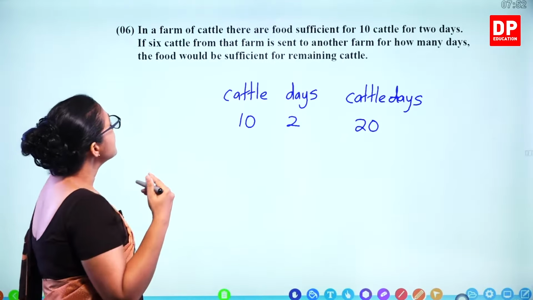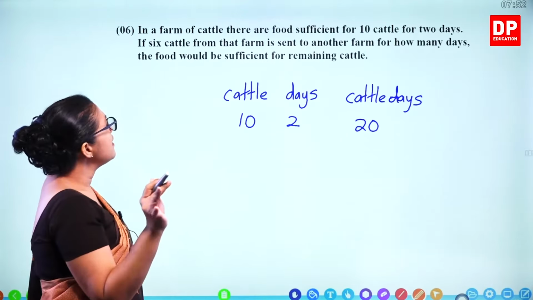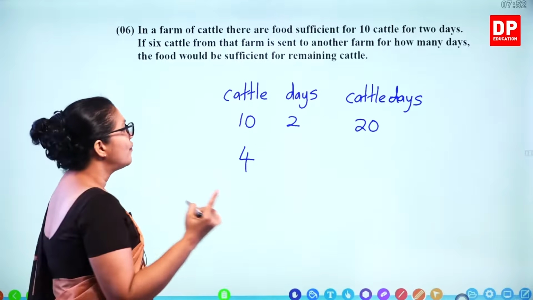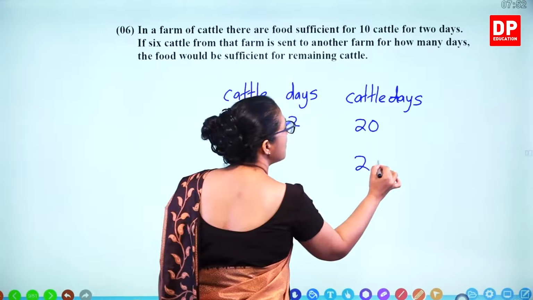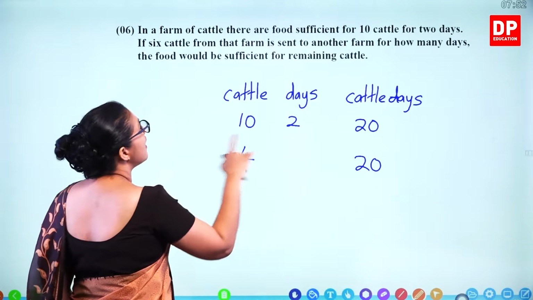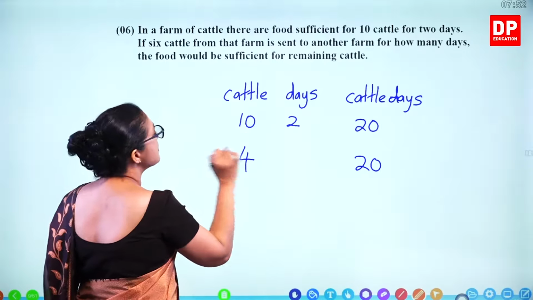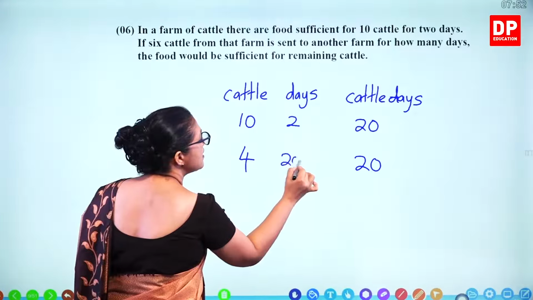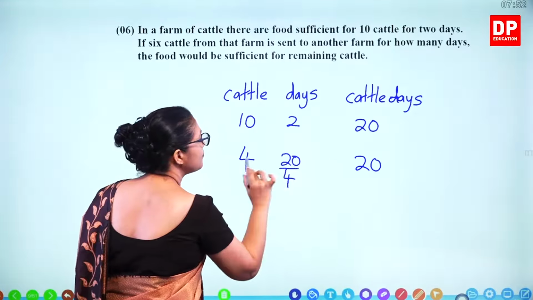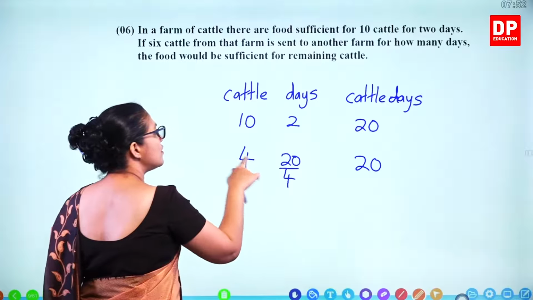But now 6 cattle from that farm are sent to another farm. So the remaining ones are 4. Then the same cattle days are there. So how do you find out how many days they can survive? So 20 divided by 4. How do you get 20? From this times this.